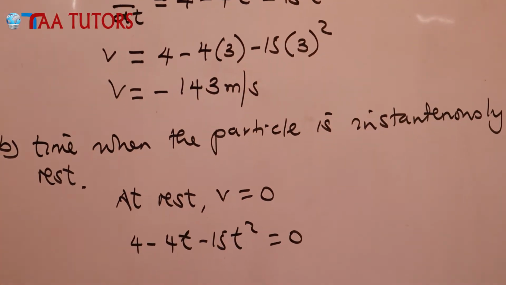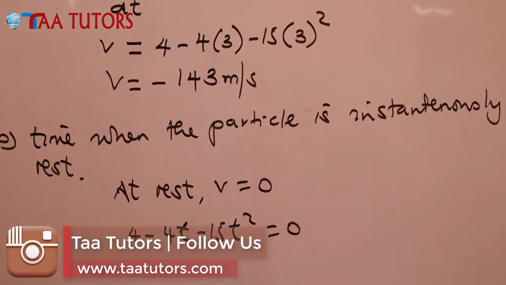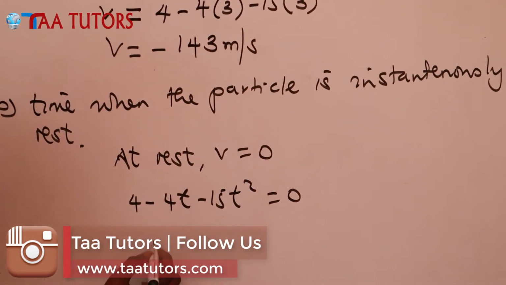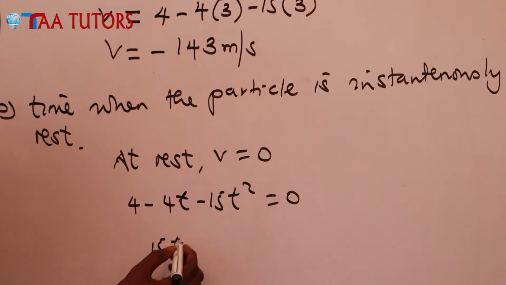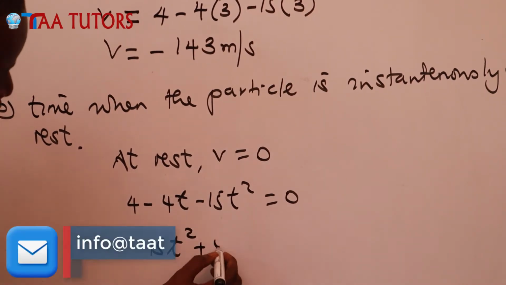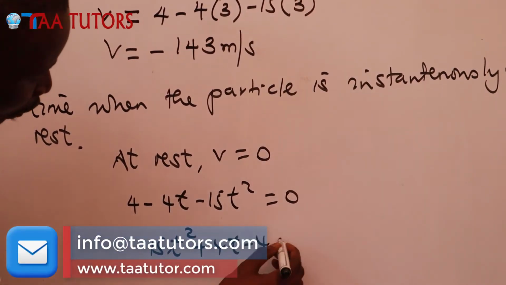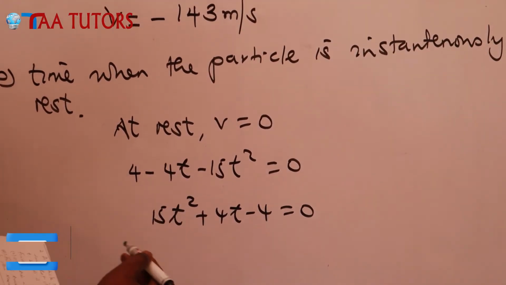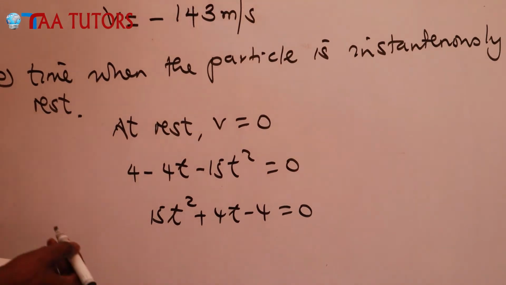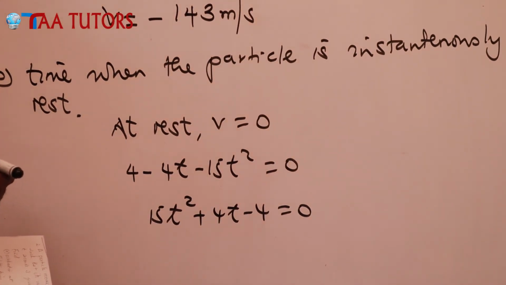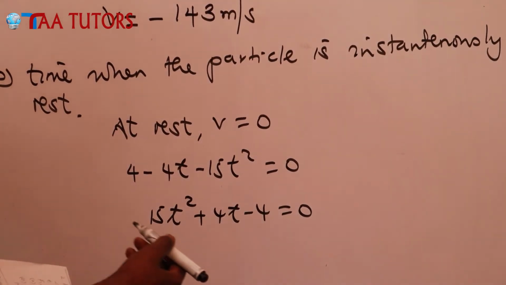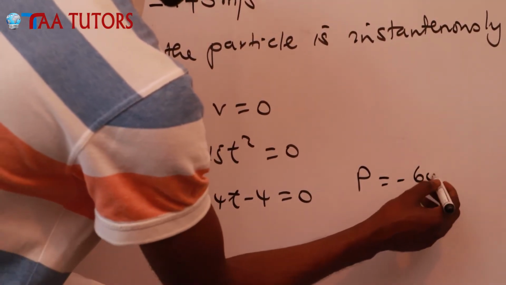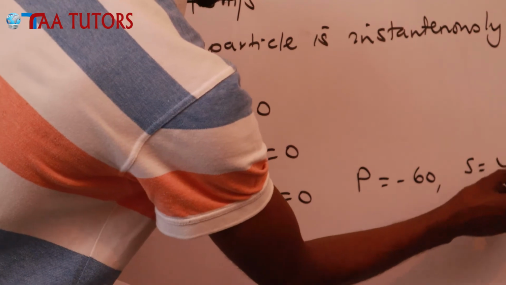So let us see. What if I take everything to the other side? This will be 15t squared plus 4t minus 4 equals 0. For the product and sum, the product here is 15 times 4, which is 60, so the product is negative 60 and the sum is positive 4.